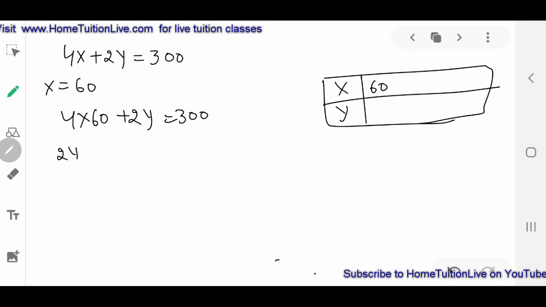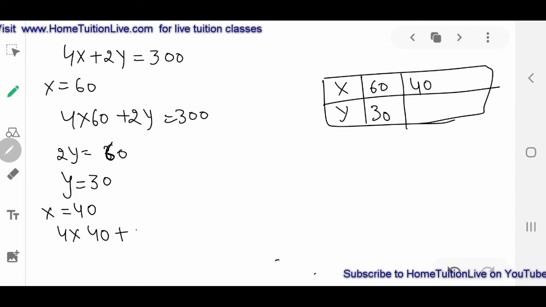Then 2y equals 300 minus 240, that is 60. So y becomes 30. Now for x equal to 40, 4 into 40 plus 2y equals 300. So 2y equals 300 minus 160, that is 140. So y becomes 70.